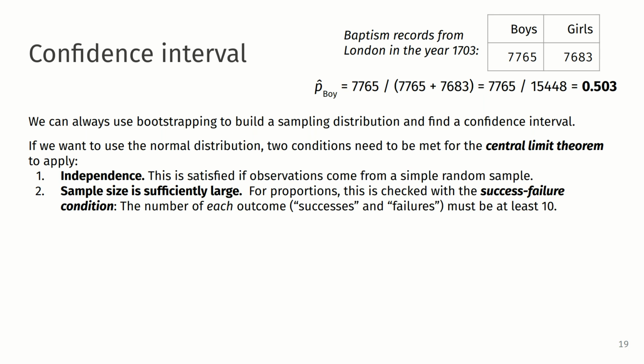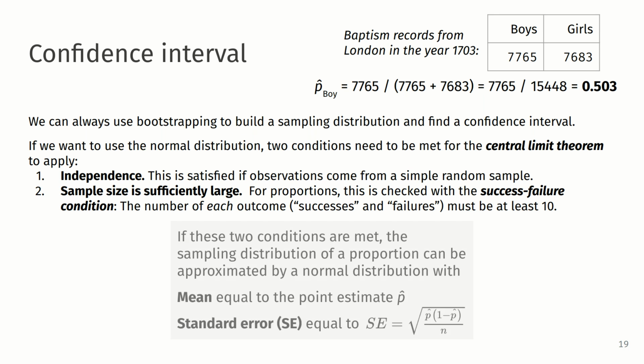All that means is that the number of each outcome, sometimes called successes or failures, so the number of boys and the number of girls, has to be at least 10. That's the rule of thumb. And obviously that's satisfied in this case. We've got over 7,000 of each, so we're good in terms of the sample size being sufficiently large.